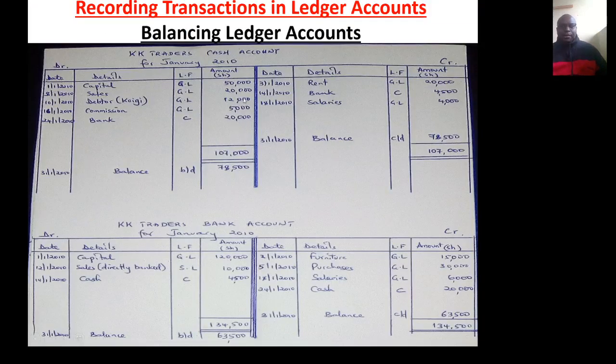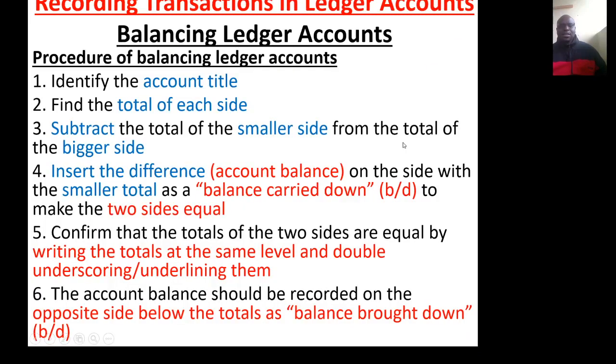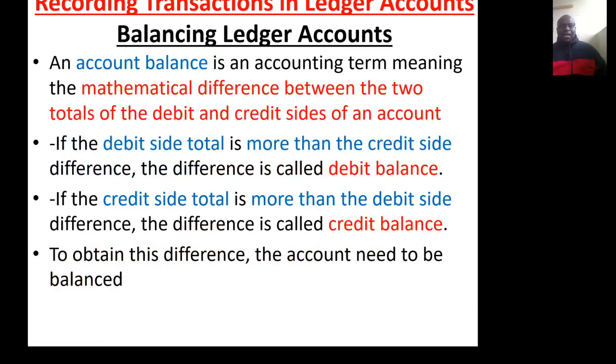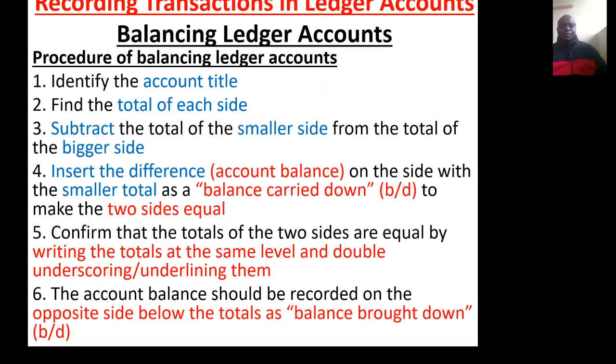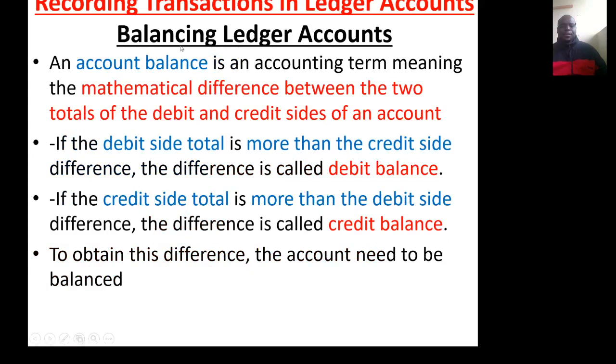So the difference between the totals of these and the totals of these, if we take this account, is what we are talking about as the account balance. If the debit side total is more than the credit side total, the difference is called debit balance. And if the credit side total is more than the debit side total, the difference is called credit balance.